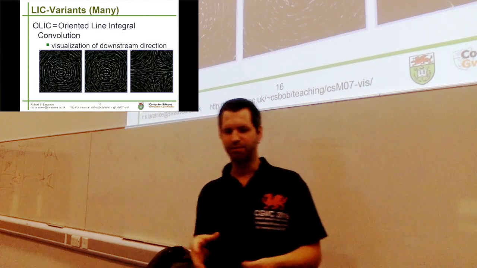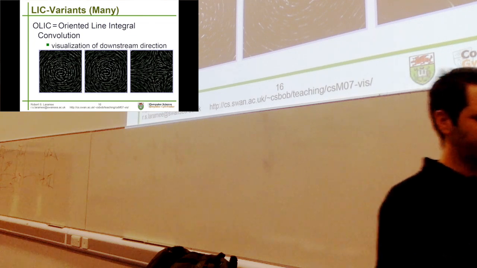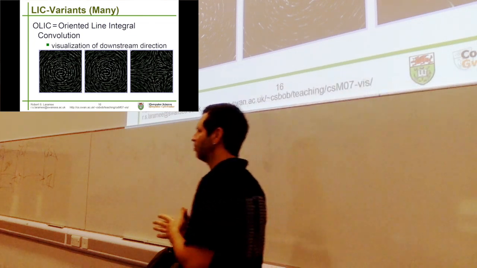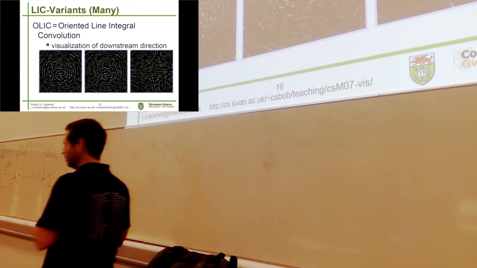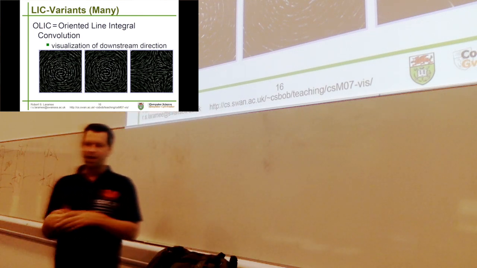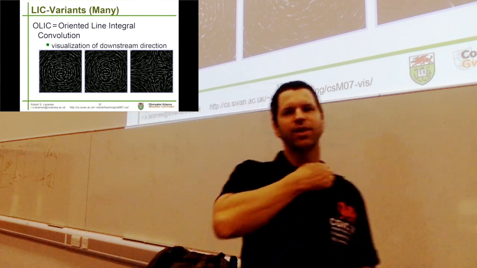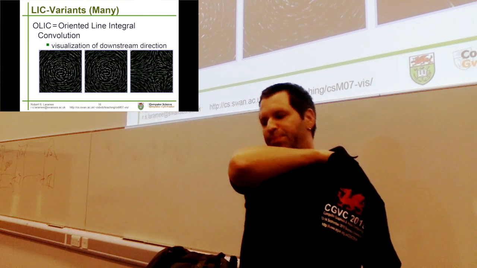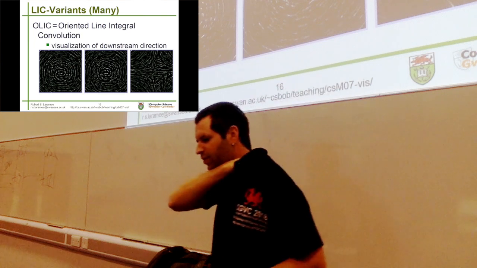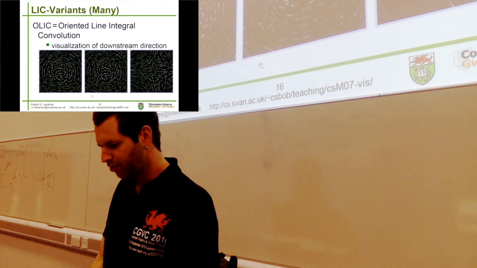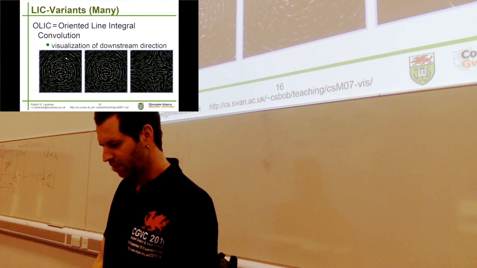That's one of the basic, very first texture-based flow visualization algorithms, the line integral convolution algorithm. And since that time, there have been many variants and other developments. This one's called oriented line integral convolution, so we can see the downstream direction in this example.